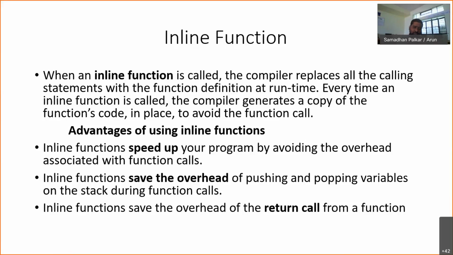The call is avoided and the code is replaced, just like a macro. The advantage of inline functions is that they speed up the program by avoiding the overhead of a function call, going there, executing, and returning back. The return call and all are saved in this case.